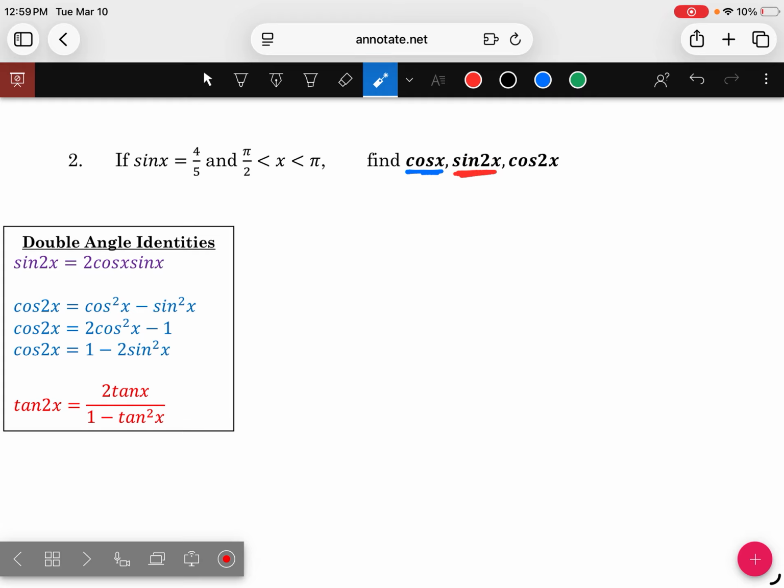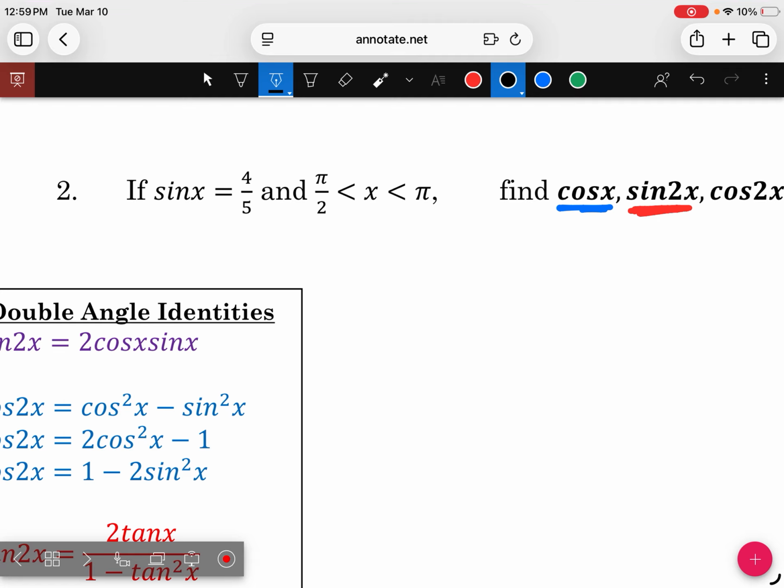Would you agree anytime you multiply something by 2, you're doubling it? So if it says find tangent 2x, cosine 2x, sine 2x, that means double angle. Okay, but this first one is just asking us to find cosine. So if we know sine is 4 over 5, which is y over r, we need to find x.